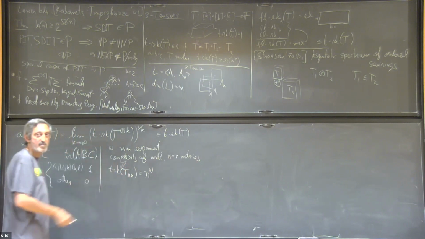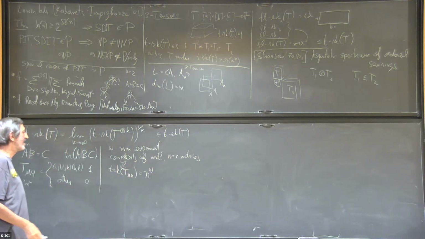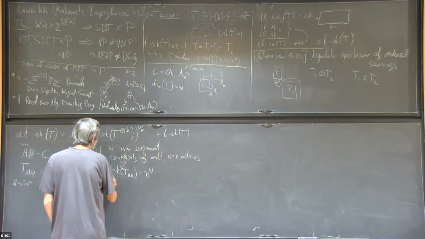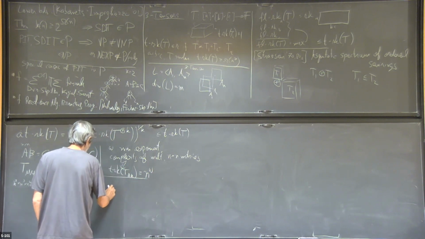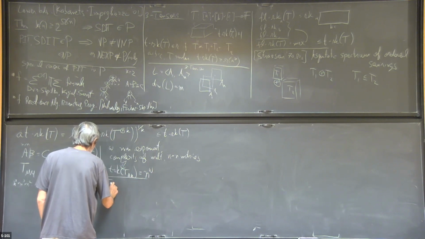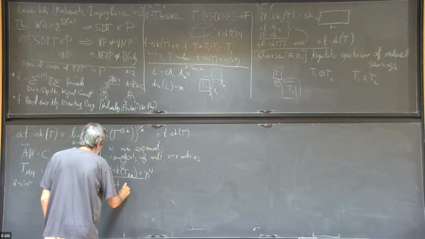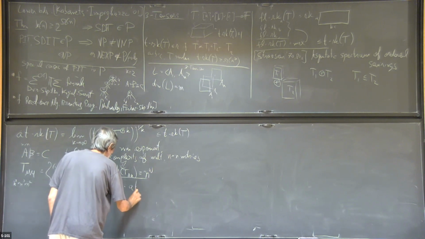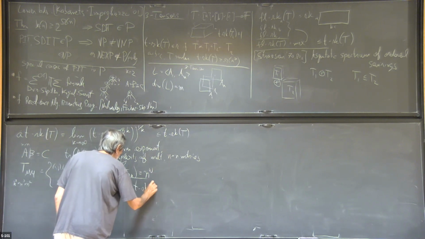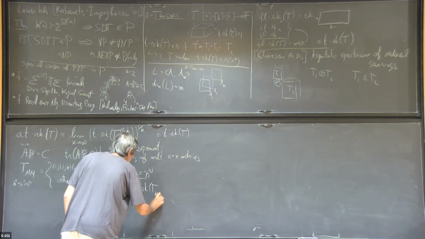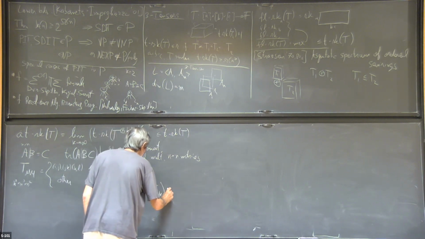Then here's the amazing thing, which is simple. The asymptotic tensor rank of this matrix multiplication tensor is the same.